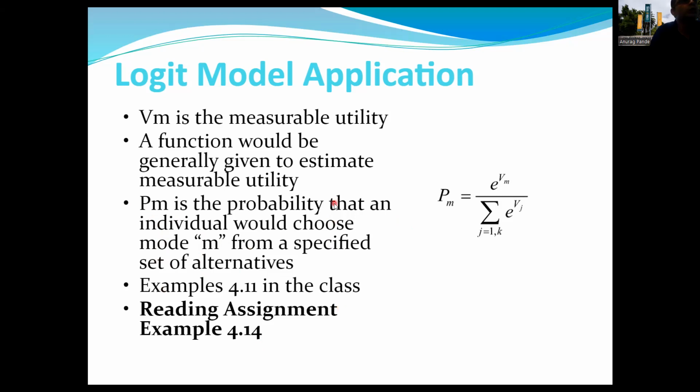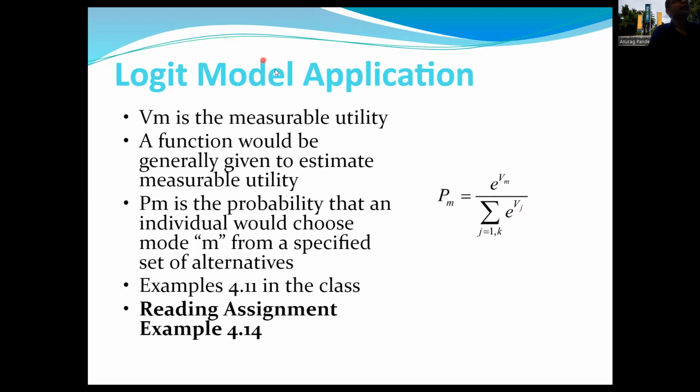Typically, you have P1, P2, P3, 3 different modes. The probability of choosing one of those modes is e raised to power the utility function divided by the summation, for all modes, of e raised to power Vm. You just sum them up. And you can see that if you add up all the probabilities, they will add up to 1.